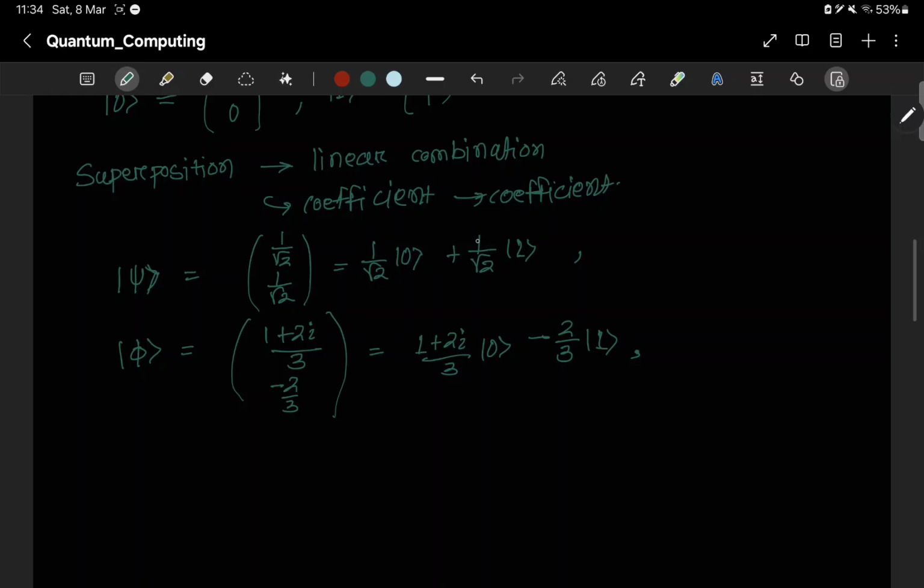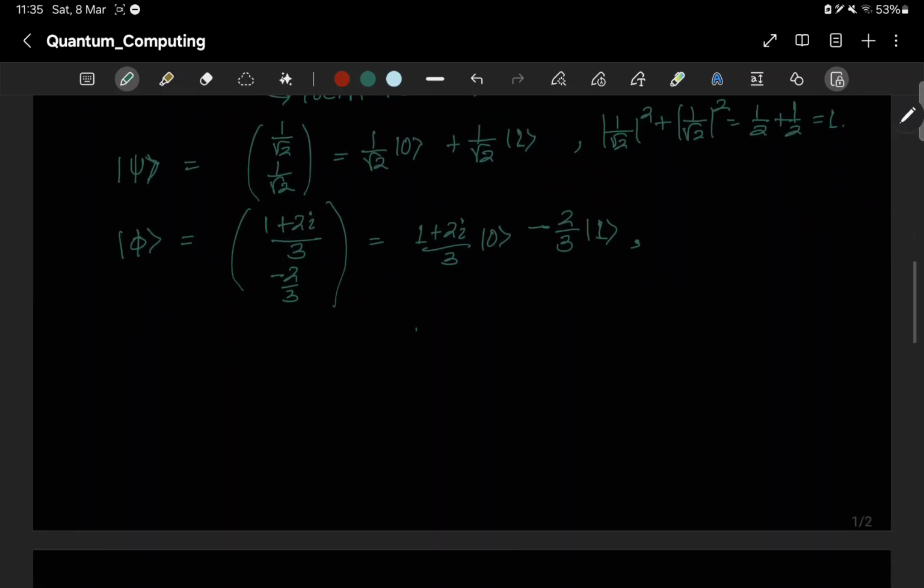So all these coefficients are complex, so the first is satisfied, and if we take the Euclidean norm of these two numbers, we get half plus half equals 1. Similarly, if we take the Euclidean norm of these two numbers, (1 plus 2i)/3 modulus squared and minus 2/3 absolute value squared. I don't know whether it is called modulo or not.